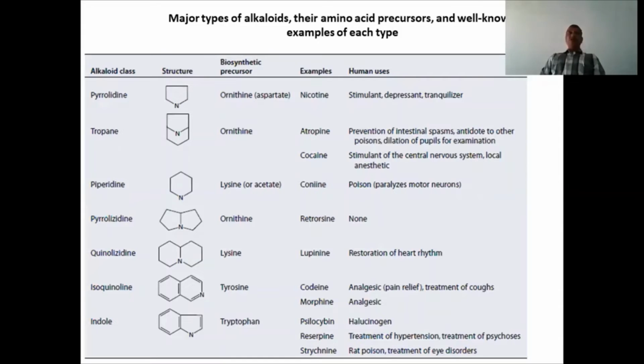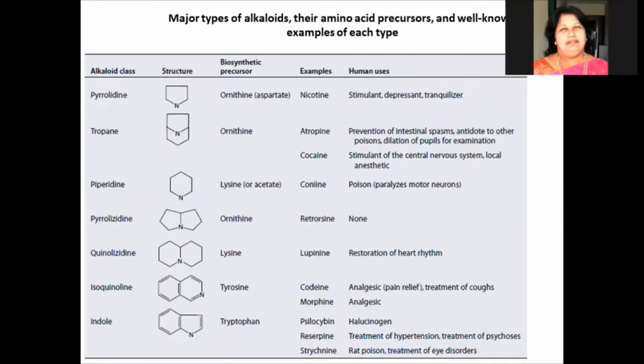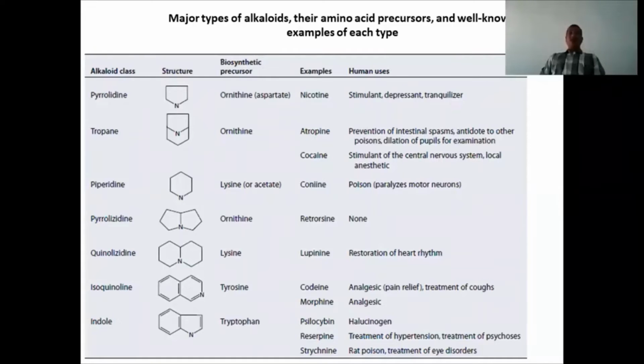As you know, nicotine is a pyrrolidine, and ornithine is a tropane. Like cocaine, tropane is cocaine, atropine. So there are different kinds of major alkaloids given in the particular table.